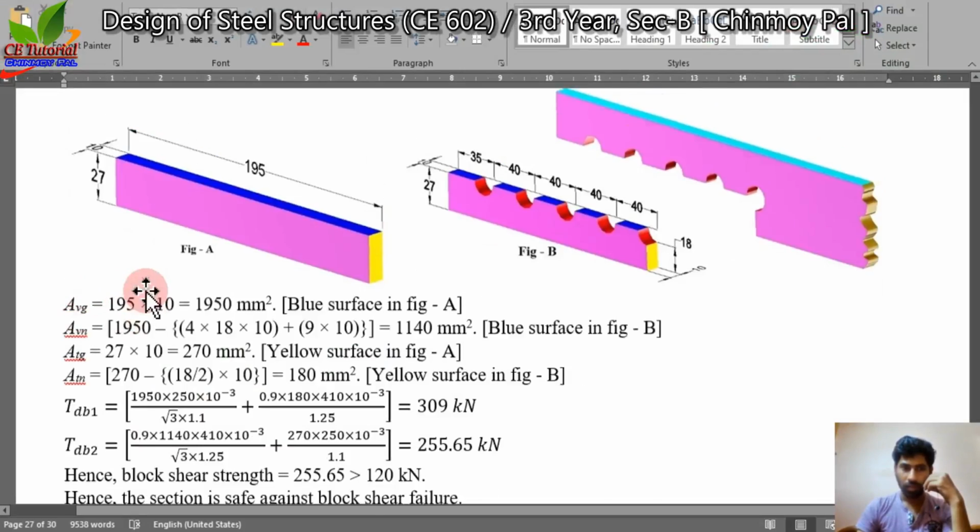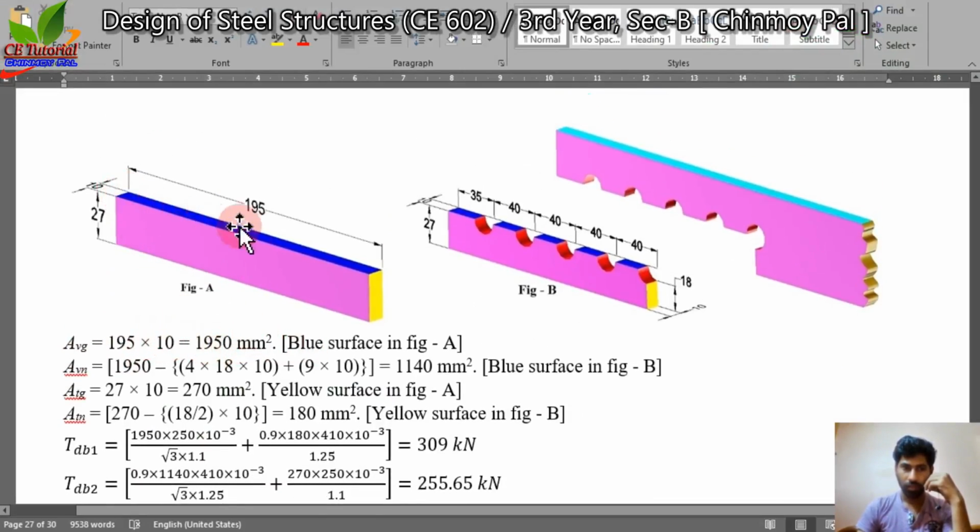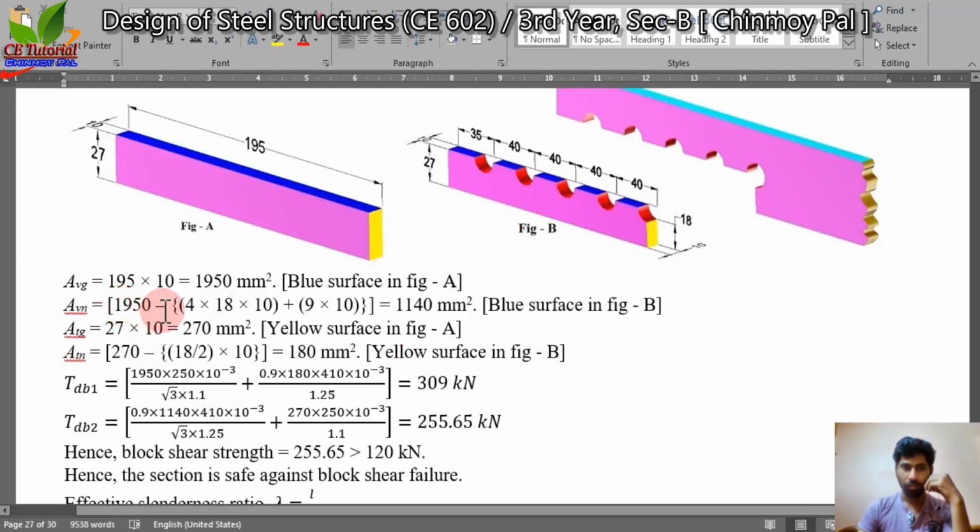So the gross area will be this blue surface, that means 195 into 10, and the net area will be 1950 minus 4 into 18 into 10 and 1 for the end bolt, that is 9 into 10, and ATG is equal to 27 into 10 and ATN is equal to 27 into 10 minus diameter of hole.